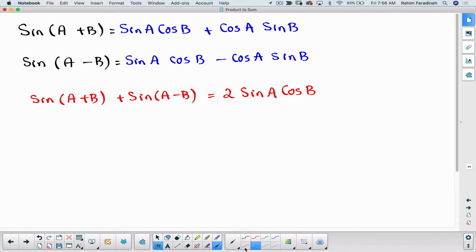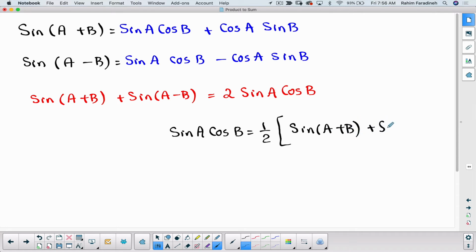Since we're interested to find a product of sine and cosine, I'm going to divide both sides by 2. So sine a cosine b is equal to 1/2 times sine of a plus b plus sine of a minus b.